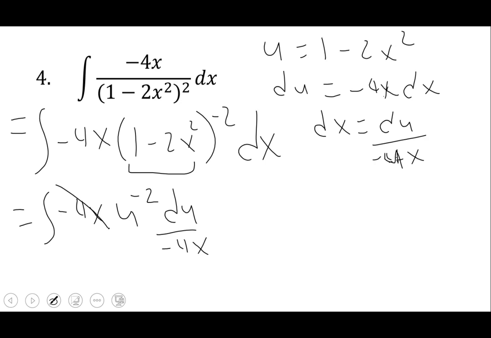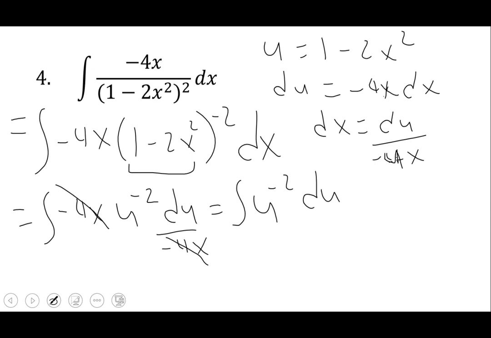So the negative 4x from the top cancels the negative 4x from the bottom, leaving this as the integration of u to the negative 2 du. Now, if you're wondering if these problems are always going to be that nice where everything's always going to cancel, no. For today, the variable x will always cancel. So if it doesn't, that's a problem. But the constants do not have to cancel, so that's just something to keep in mind.